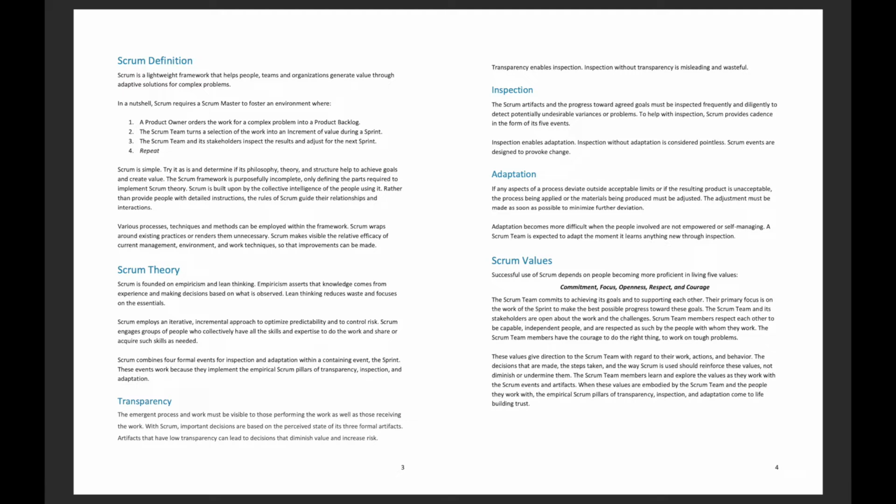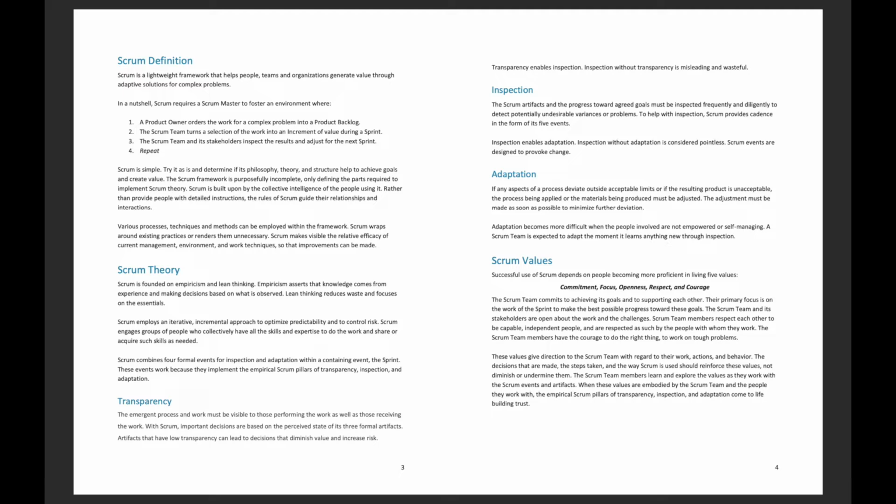In a nutshell, Scrum requires a Scrum Master to foster an environment where: one, a Product Owner orders the work for a complex problem into a Product Backlog; two, the Scrum Team turns a selection of the work into an Increment of value during a Sprint; three, the Scrum Team and its stakeholders inspect the results and adjust for the next Sprint; four, repeat.